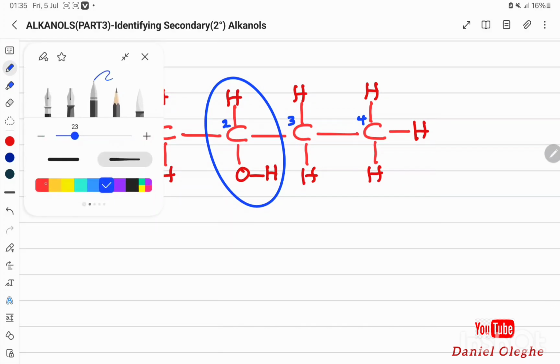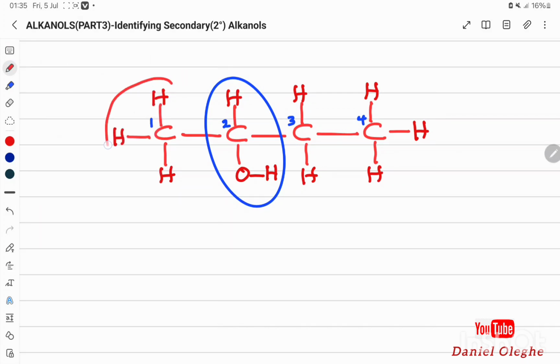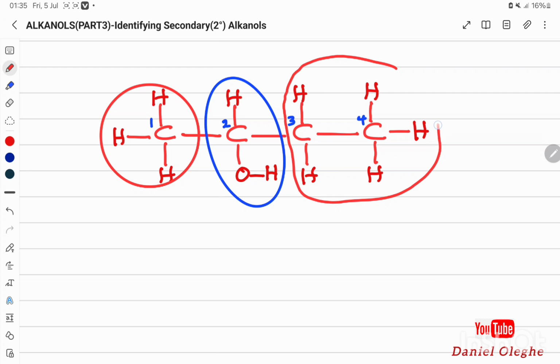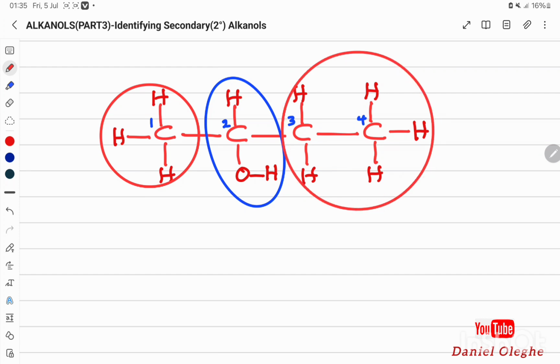Then we have the alkyl groups, as follows. These are the alkyl groups. This alkyl group is a methyl group, and the other alkyl group is an ethyl group.